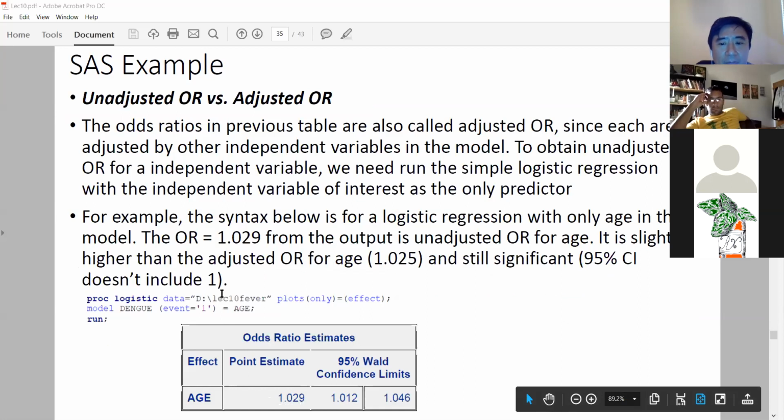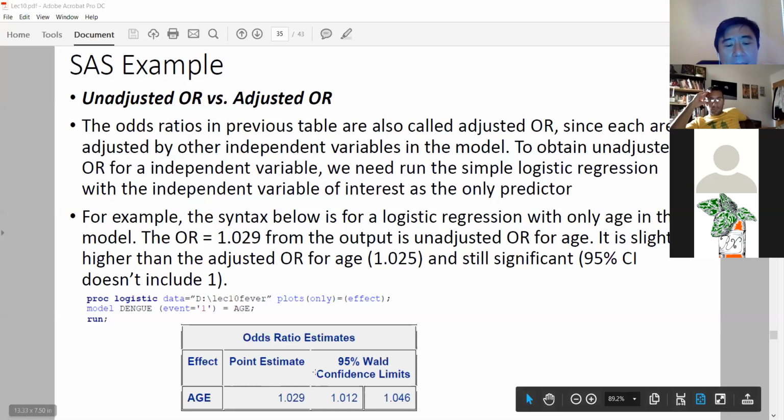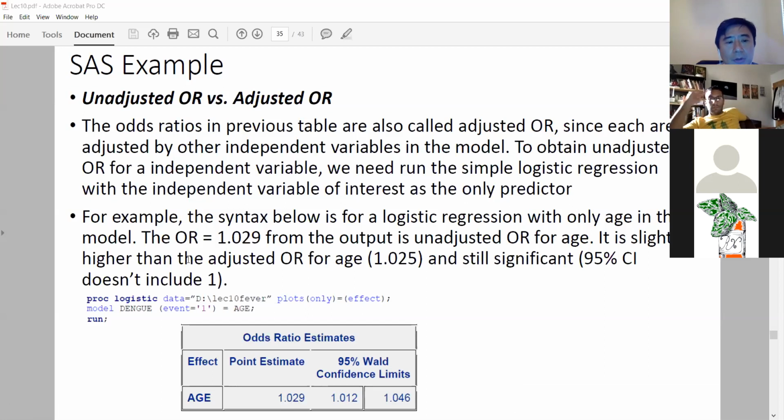And you see there's a little difference. Again, here you can use this information to justify if the potential confounder is a real confounder variable. Because if the value here changed by more than 10%, you can conclude that the potential confounder being added is a real confounder.